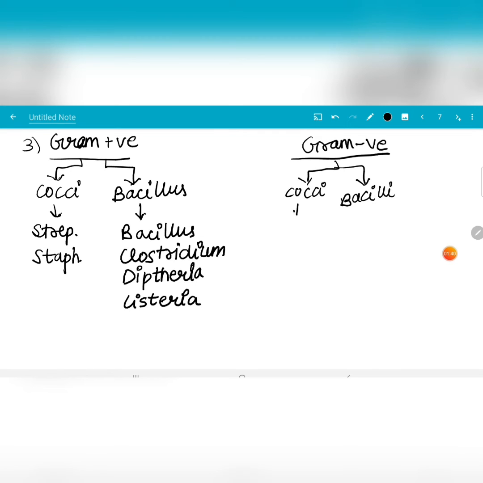Cocci include Neisseria, meningococci and gonococci. But penicillin G is not effective on gram negative bacilli.